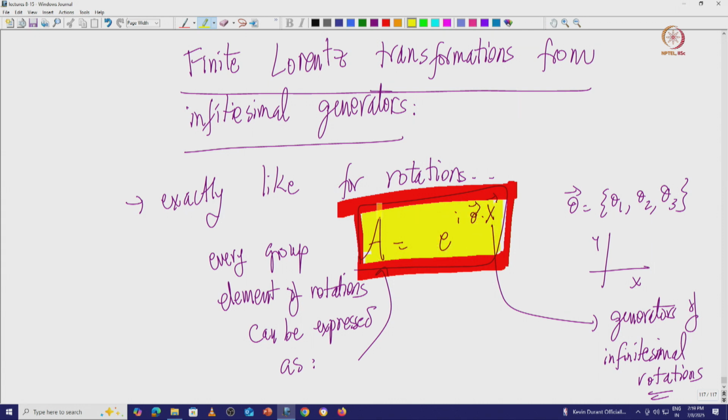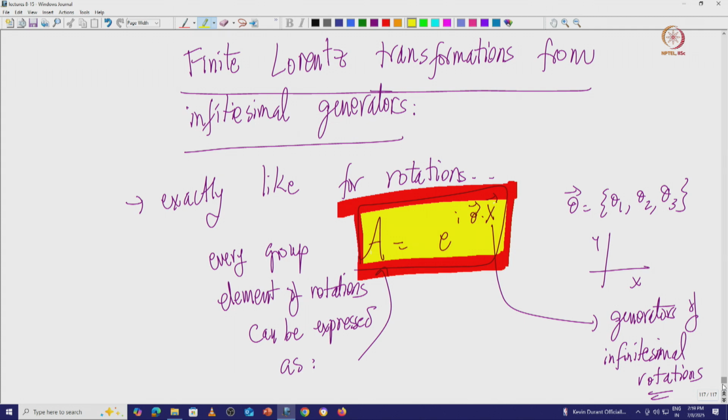Now we know the commutation relations between the generators. They are non-commutative, they go back to themselves, and that gives you every finite group element. In the same manner, we have already written the cos and sine expressions, so we can do the same thing.